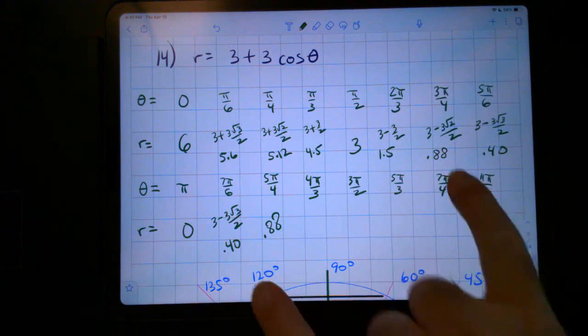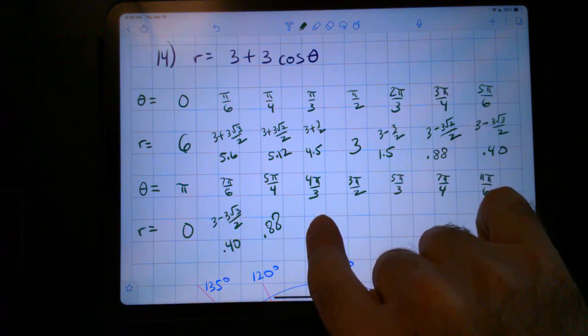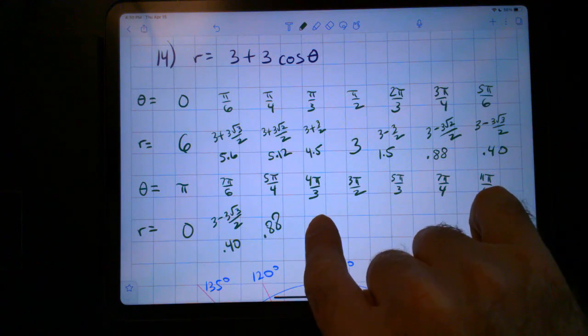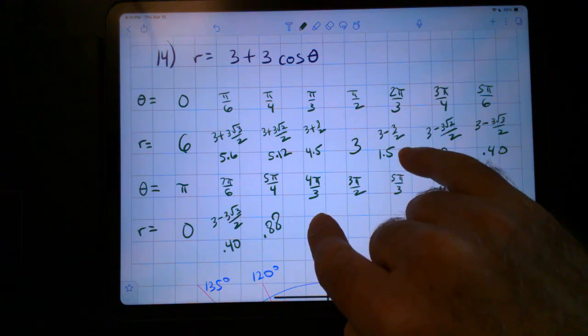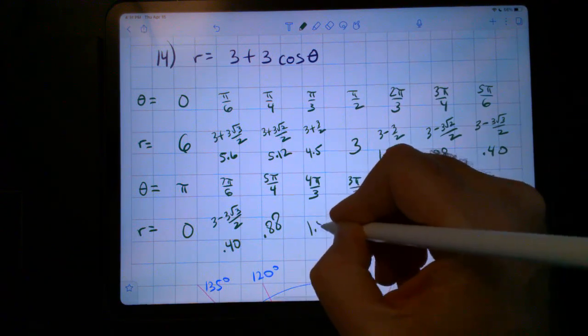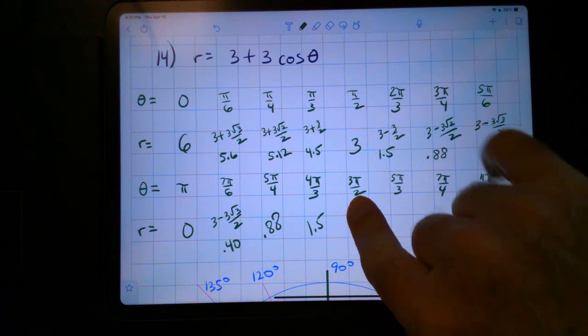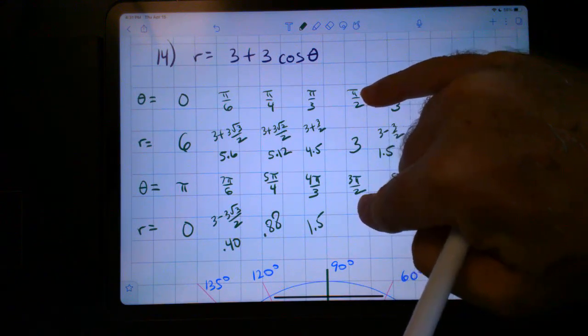And these are the same values. Theta of 4 pi over 3, that's going to be the same thing as 2 pi over 3. Three pi over 2 is the same thing as pi over 2.